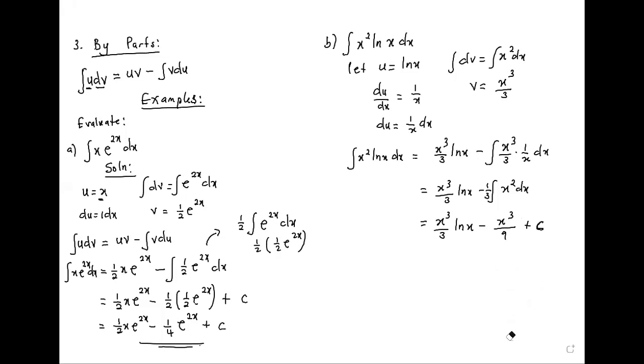That's a thing. So whenever you have a combination of polynomials multiplied by logs, the logs are what you let to be u, and the polynomial to be dv.